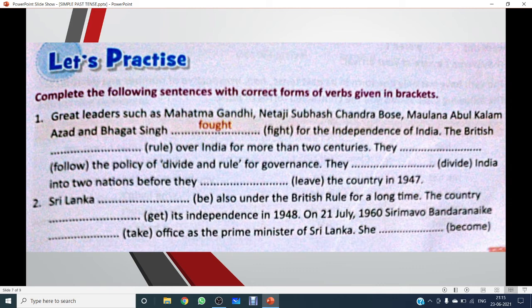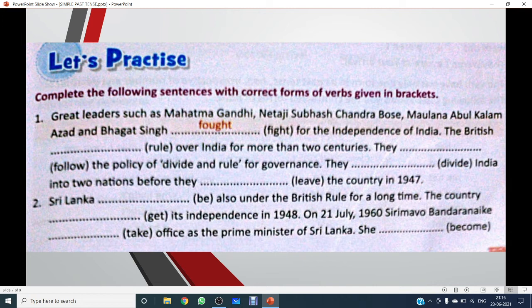Number 1. Great leaders such as Mahatma Gandhi, Netaji Subhash Chandra Bose, Maulana Abul Kalam Azad and Bhagat Singh fought for the independence of India. This has already been done. The British ruled over India for more than 2 centuries. Ruled.